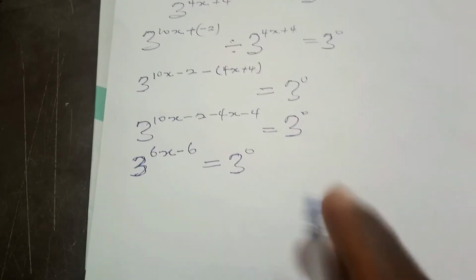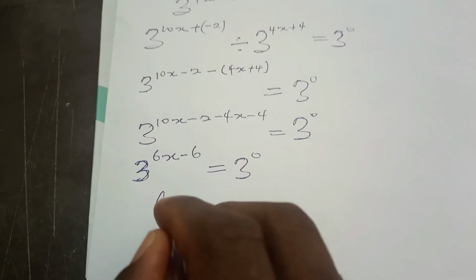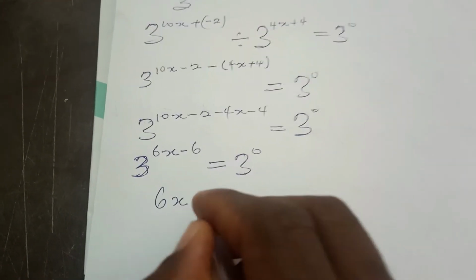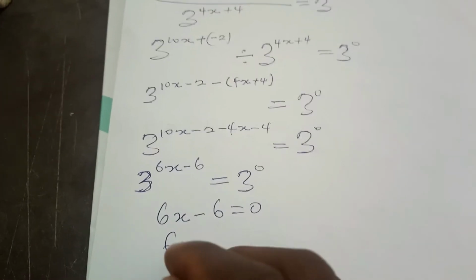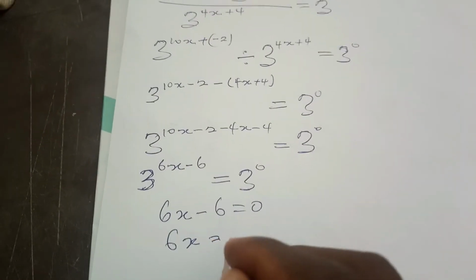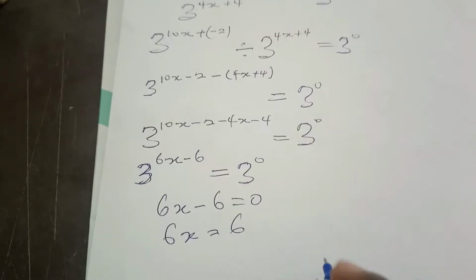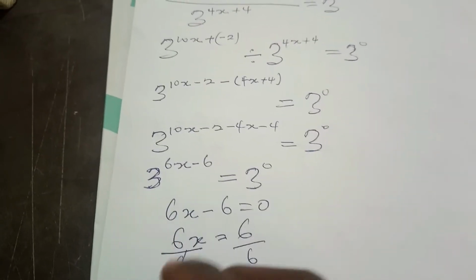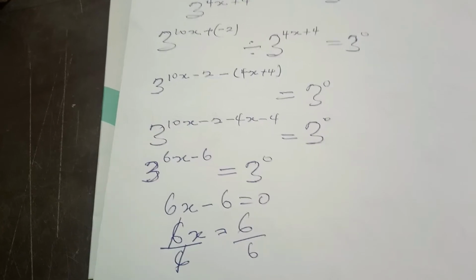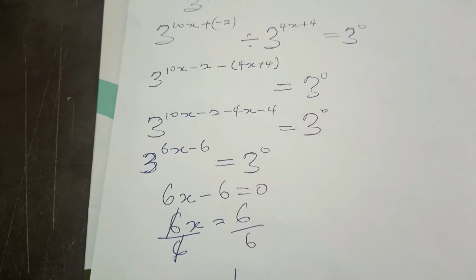So now the bases are the same. We equate exponent. That means 6x minus 6 will be equal to 0. And 6x will be equal to positive 6 when the 6 comes to the right hand side. We divide both sides by 6. So our x will be equal to 1.